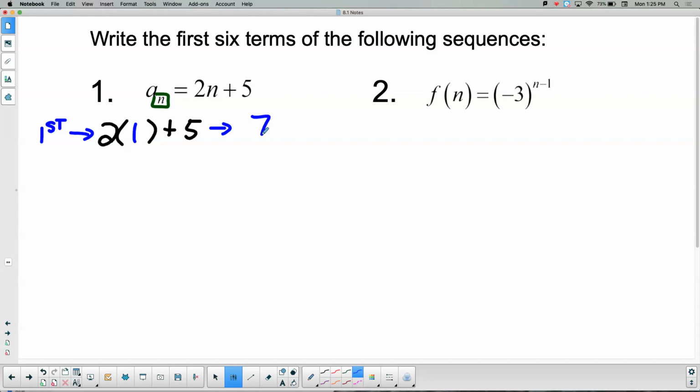So we've got to go to a second term. Again, I would plug 2 into my rule. 2 times 2 is 4, plus 5 is 9.